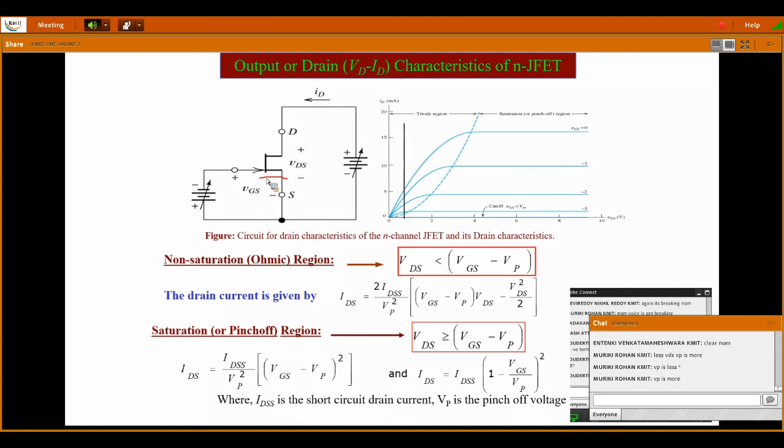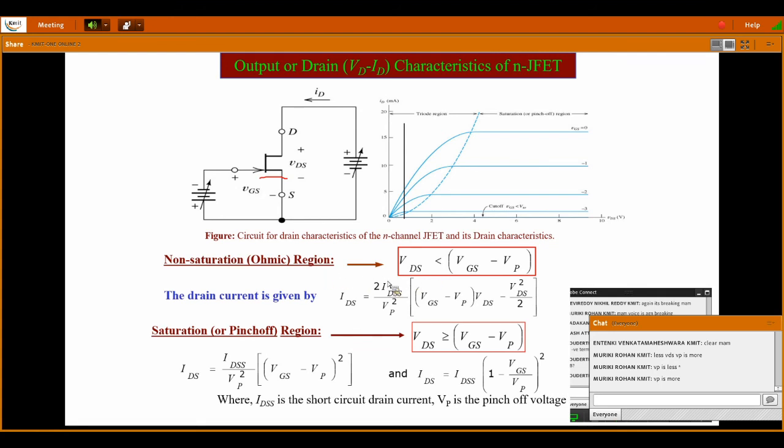The negative terminal of the battery is connected to the gate, and its positive is also connected to the source. So this is the gate terminal, and the gate to source voltage is reverse bias, so there is high input impedance. And these are some of the important equations based on each region.